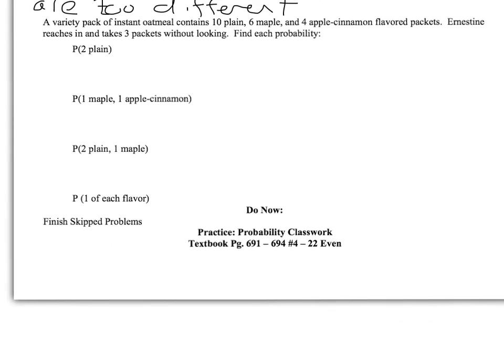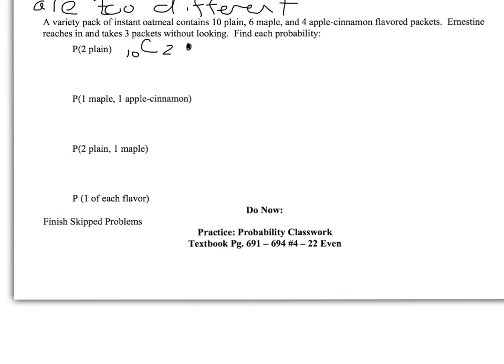An instant oatmeal container has 10 plain, 6 maple, 4 apple cinnamon. Ernestine reaches in and takes 3 packets without looking. Find the probability. Okay. First we want to find the probability of 2 plain. Well, out of all the plains, there's 10 of them, and she wants to choose 2 of them. So it's going to be 10 choose 2. She is picking another packet.